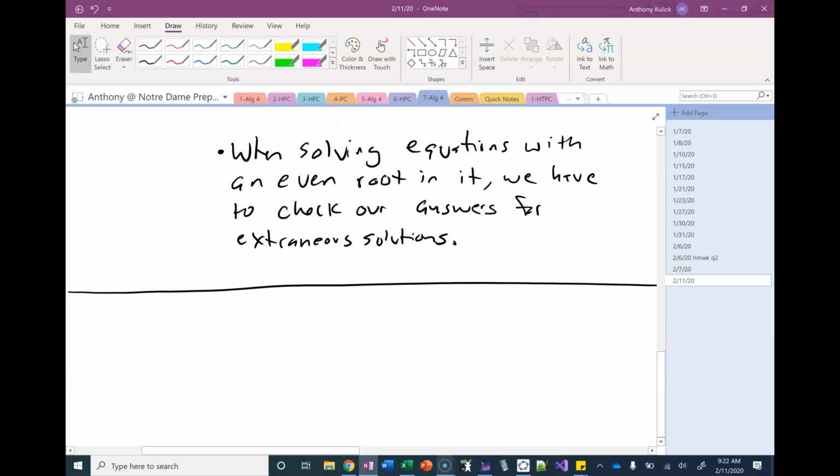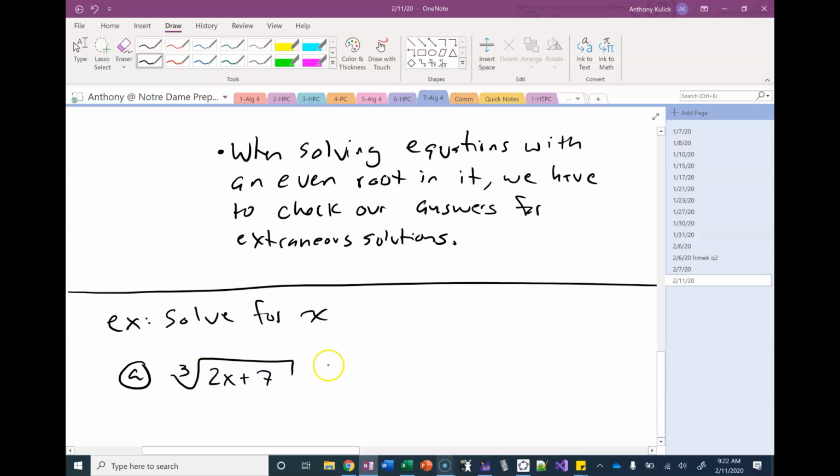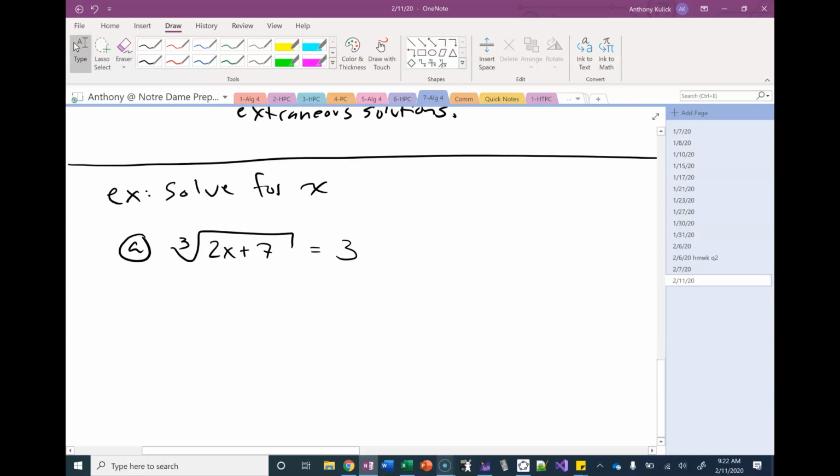Okay, so let's just run through some examples of this solving process here. So let's say we have the cube root of 2x plus 7 equals 3. What's the first thing we should do here?